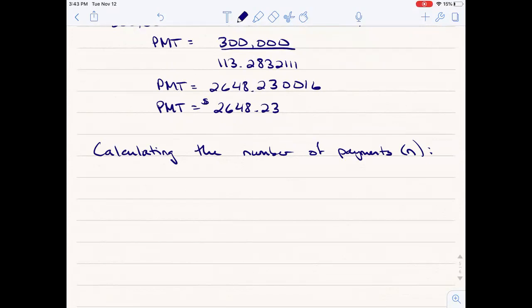Just as before, we had to find I in order to find R, and now we have to find n in order to find t eventually. This is our gateway to finding how long it's going to take to pay off a loan, for example. We have to figure out how many payments we need, and then convert that into time.